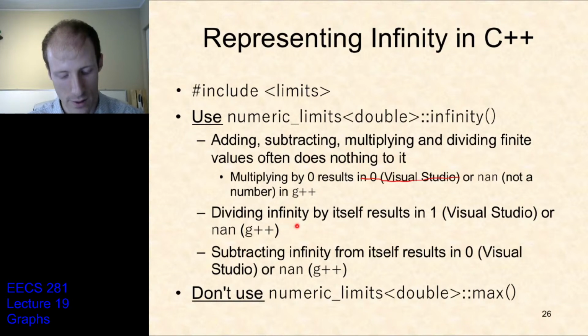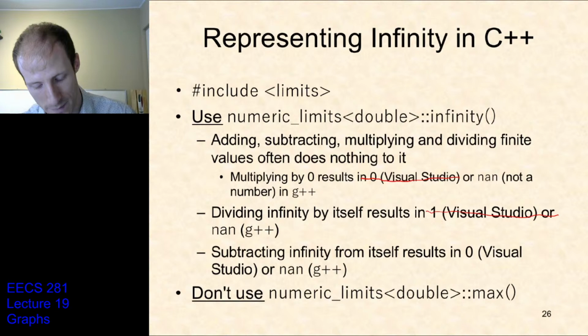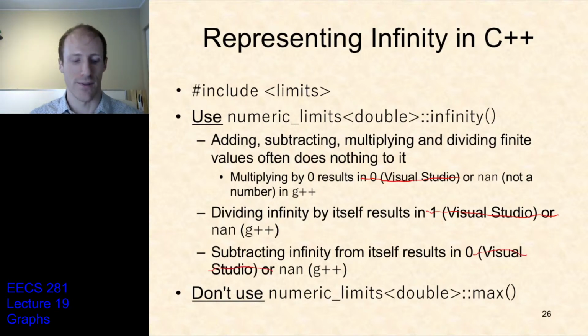Dividing infinity by itself also gives NaN. And subtracting infinity from itself, I haven't tested this in Visual Studio, but I'm pretty sure that this also just gives NaN, regardless of whether it's Visual Studio or G++. So that's different ways that you can represent infinity, or a sentinel value for your distance matrix.